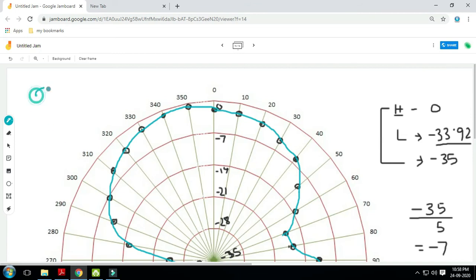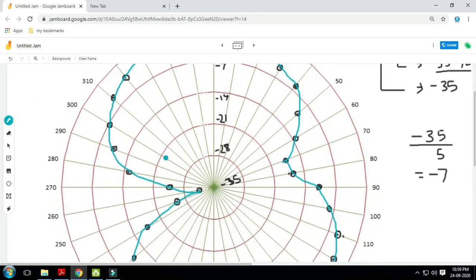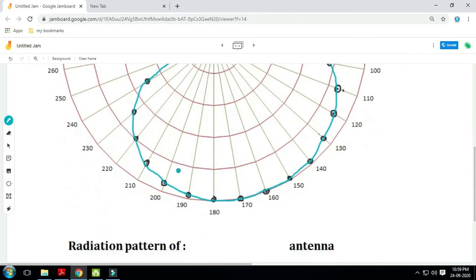It actually looks like a numeric 8. So this is the radiation pattern of the antenna we have connected.